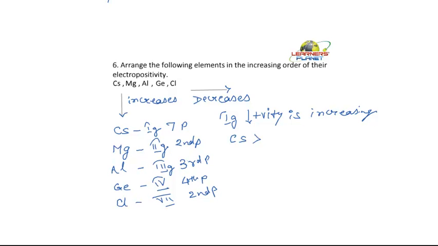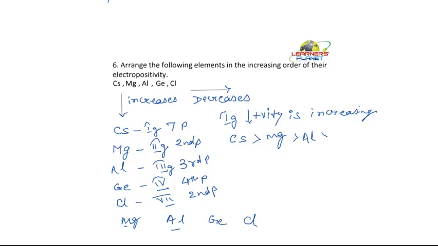Now, this is the second group and the second period. Aluminium is the third group. So what will happen? Whose electropositivity will be more? If I arrange like this, magnesium will come first, then aluminium, then germanium, and then chlorine. But in this case, whose electropositivity would be more? Magnesium, right?